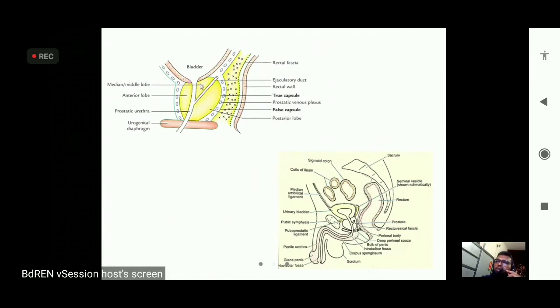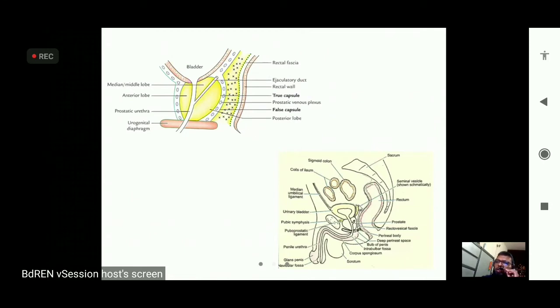So it encloses not only the prostate but also the bladder. This is actually part of the rectovesical septum.